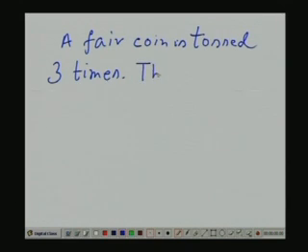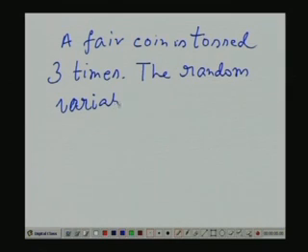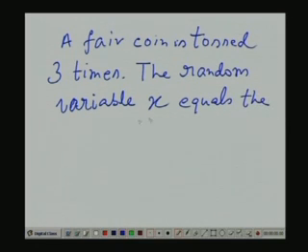The random variable x equals the total number of heads.